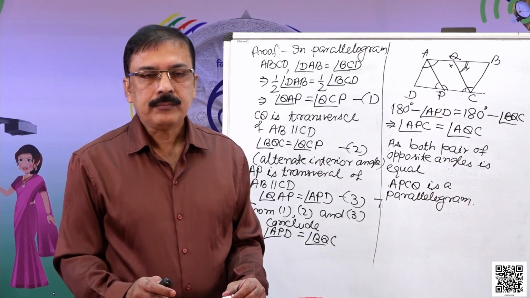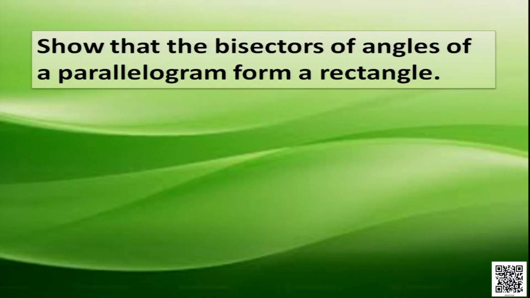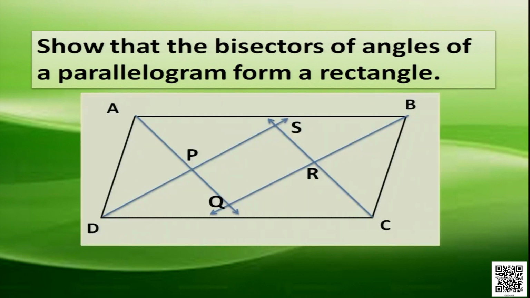example. Show that the bisectors of angles of a parallelogram form a rectangle. So the figure is like this.